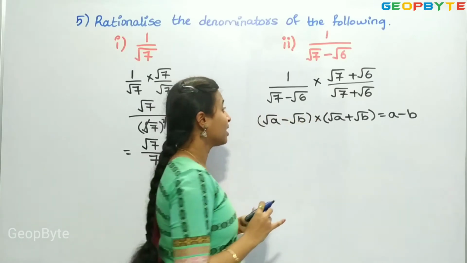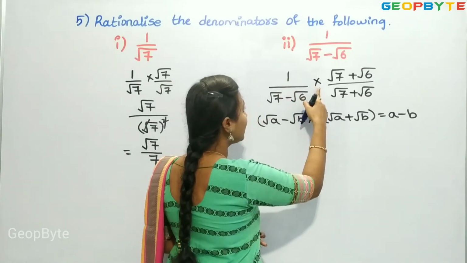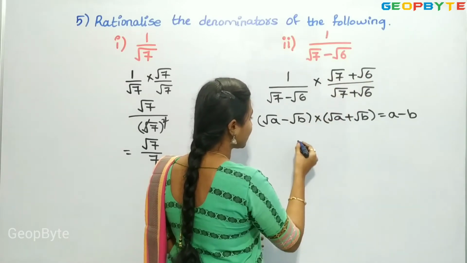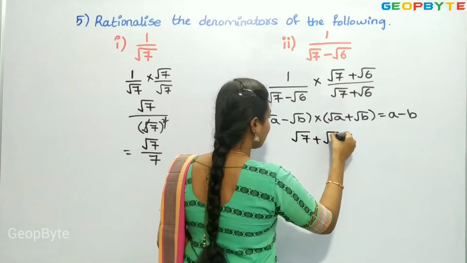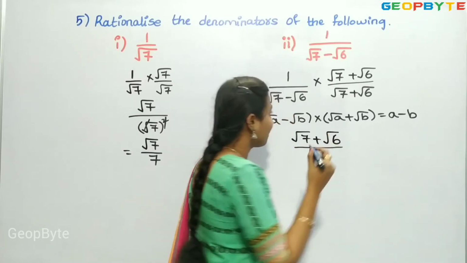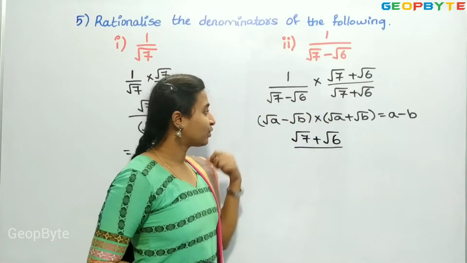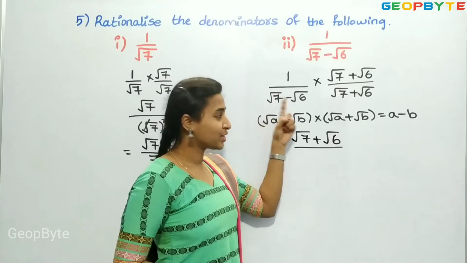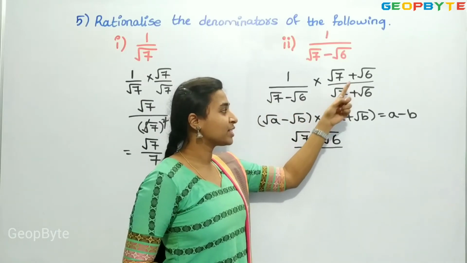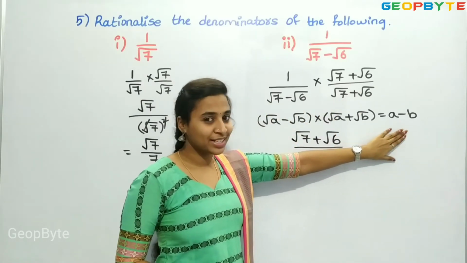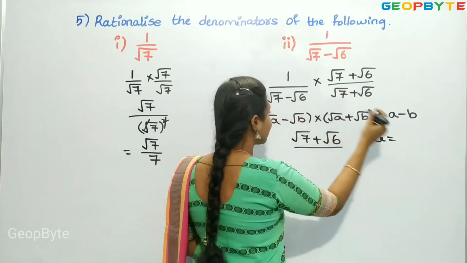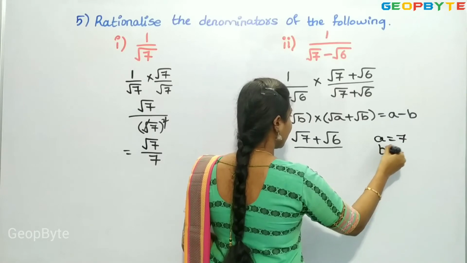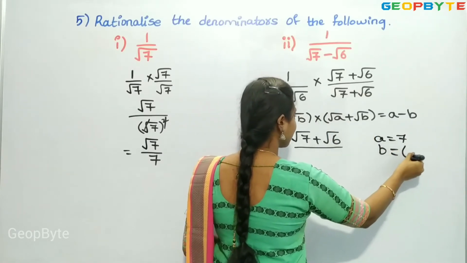in order to get this identity. Now, 1 into root 7 plus root 6 is nothing but root 7 plus root 6 by, now these are in the form of root A minus root B into root A plus root B, we have A minus B. Here A is 7, B is 6.